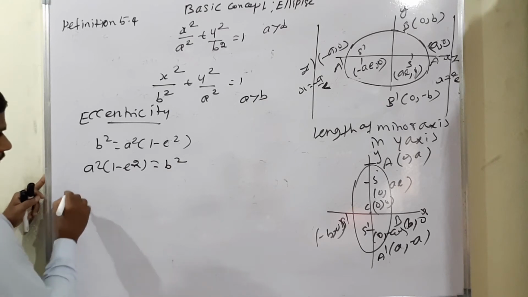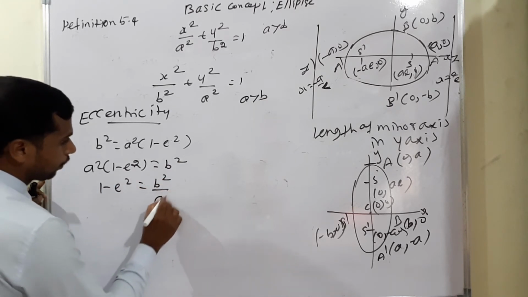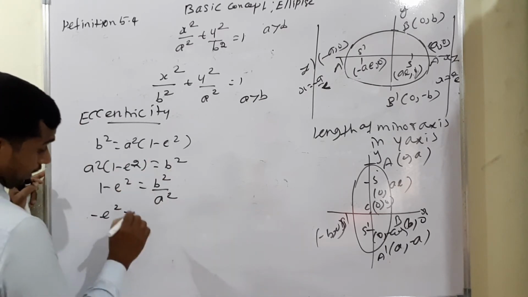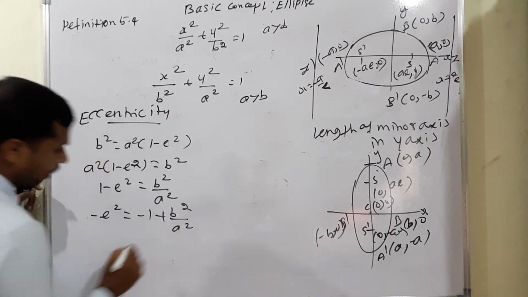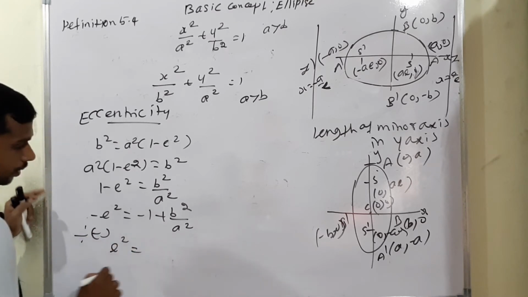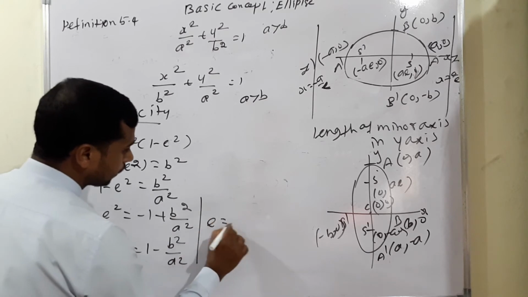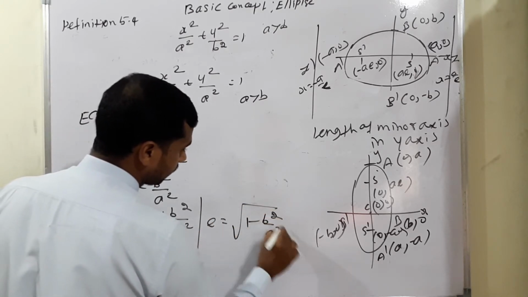Therefore 1 minus E square is equal to B square by A square. Bringing 1 to the other side, minus E square is equal to minus 1 plus B square by A square. Dividing by minus, E square is equal to 1 minus B square by A square. So E is equal to the square root of 1 minus B square by A square.